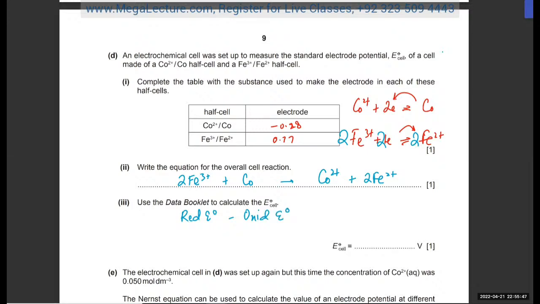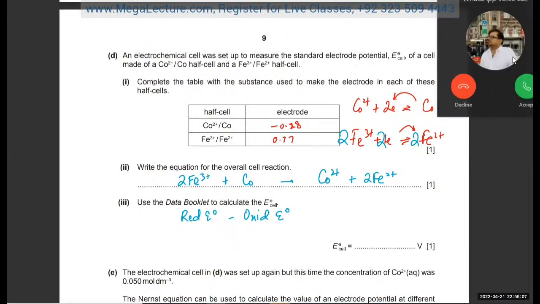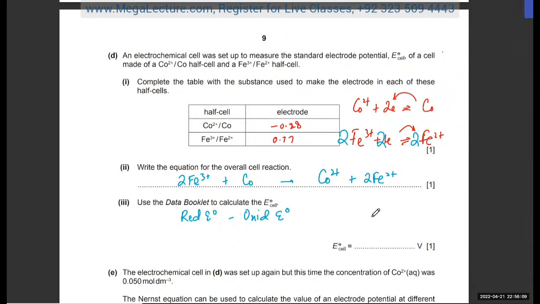It's going to be very useful if you remember it this way. So the lower potential is written in reverse, right? Actually, nobody writes it in reverse.